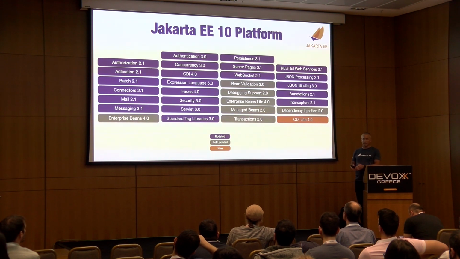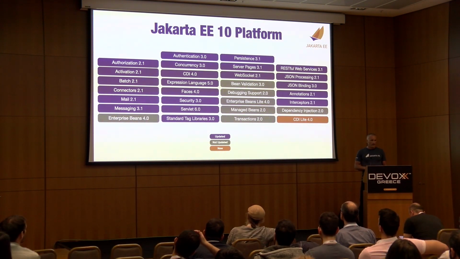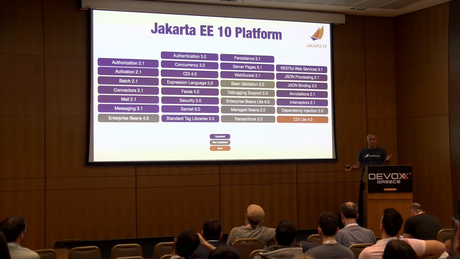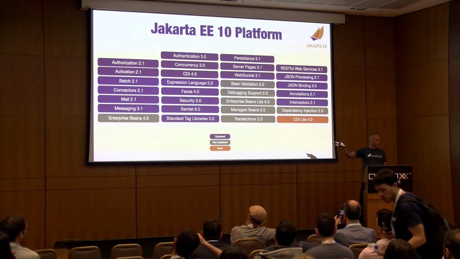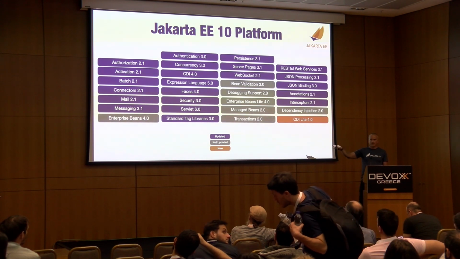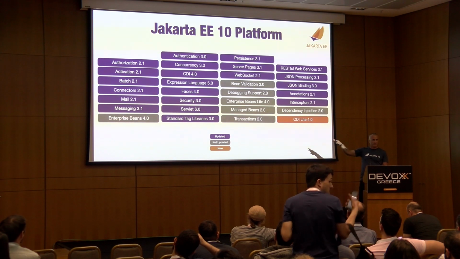And Jakarta EE is about a lot of specifications. These are the specifications that are part of the Jakarta EE10 platform. You can see all the blue ones here are specifications that were updated between 9 and 10. So it's the majority of them. And the majority of them also have a major version number. That's the one with the .0 after the version number. So they have potentially backwards incompatible changes. We try to do some version of semantic versioning here.